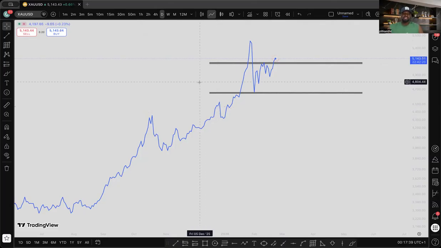So let's digress a little bit. Let's talk about the market, right? When we go into the daily chart, you can see the move. Obviously, we can know this is bullish momentum, but seeing a bullish momentum does not mean you're going to jump into the market and start buying immediately.